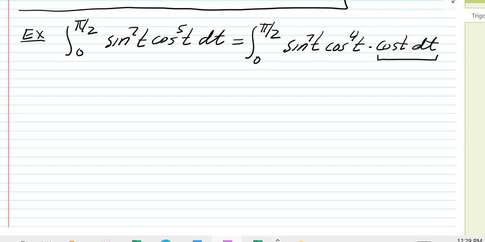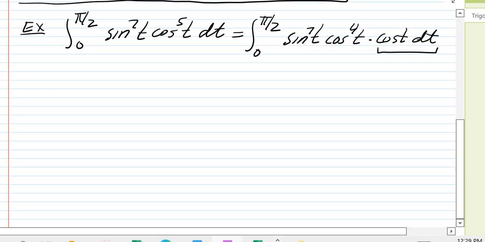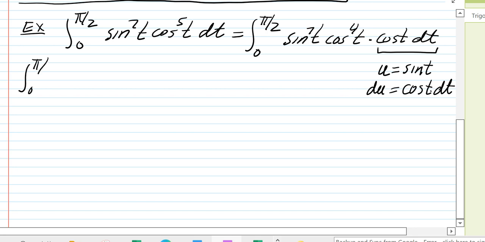And this would prepare us for an impending u substitution. So I'm thinking u is going to be sine t, and du is going to be, of course, cosine t dt. Correct? So that means I need to rewrite this as 0 to pi over 2.